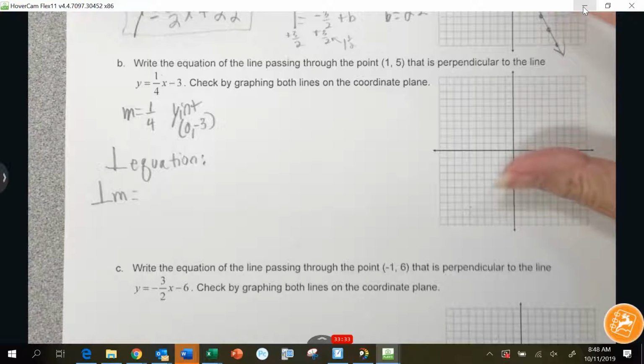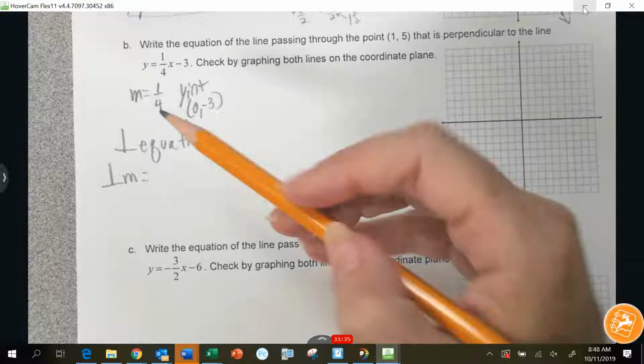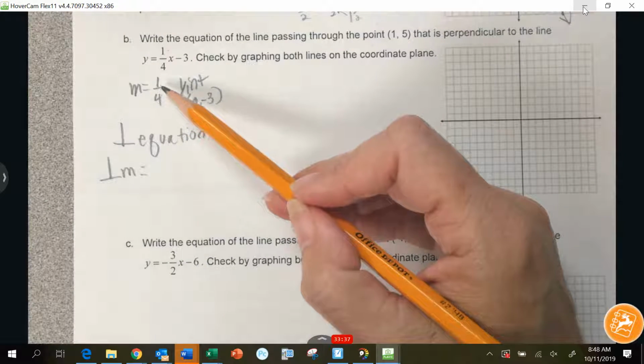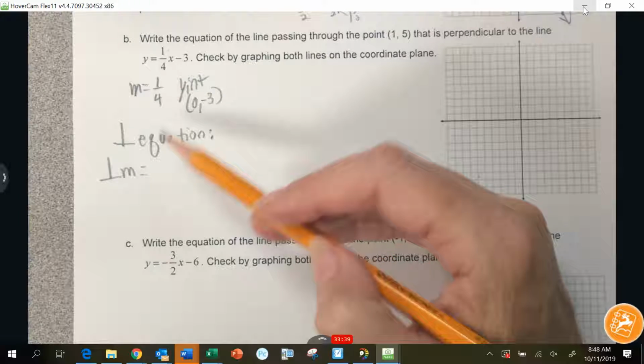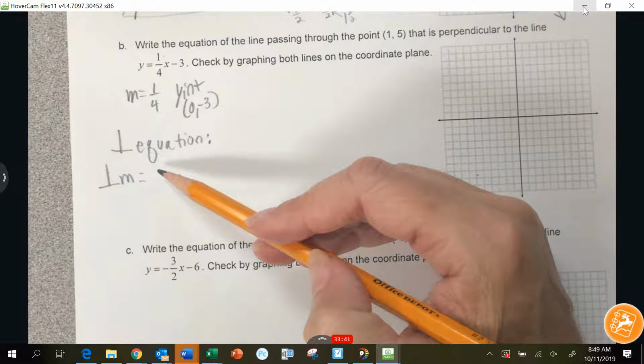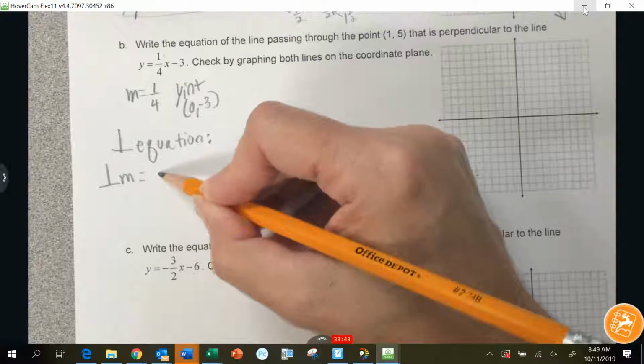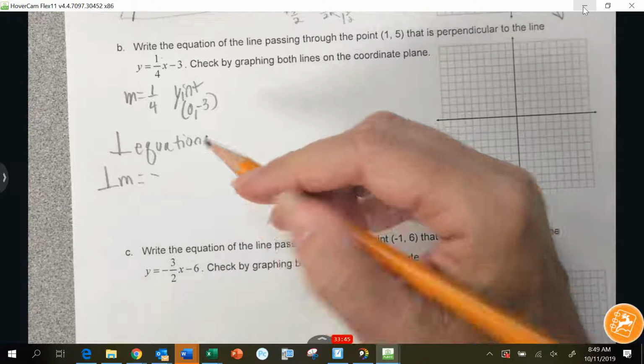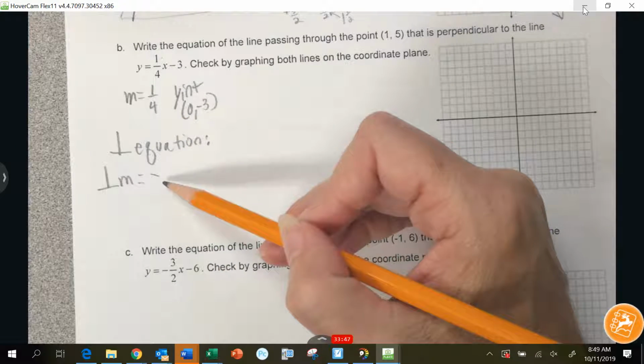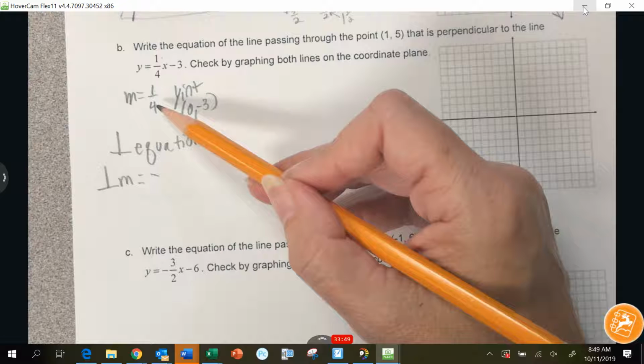Ryan, what's something I need to do to take 1/4 and change it into a perpendicular slope? Make it negative. Excellent. And then Emily, what also besides make it negative do I need to do to change my slope?